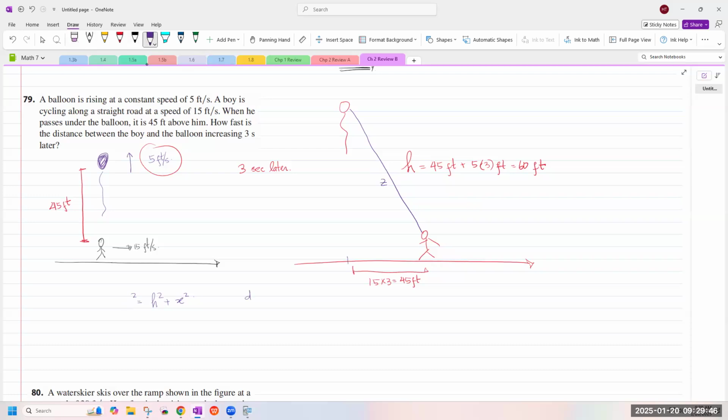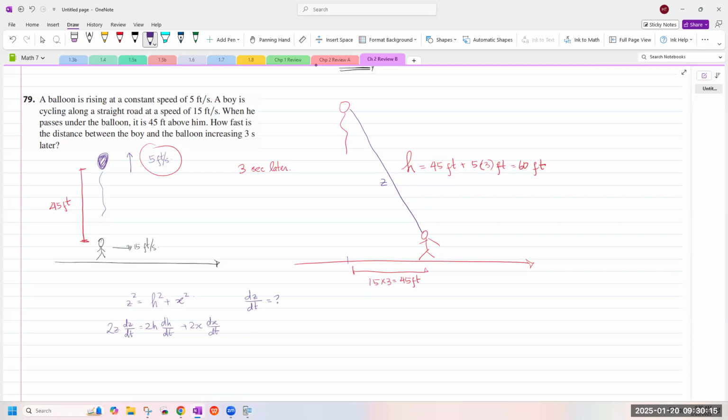So the change of the distance z with respect to time is the one in question. Let's do implicit differentiation from there. So 2z dz/dt equals 2h dh/dt plus 2x dx/dt.